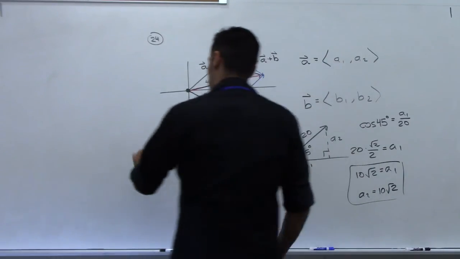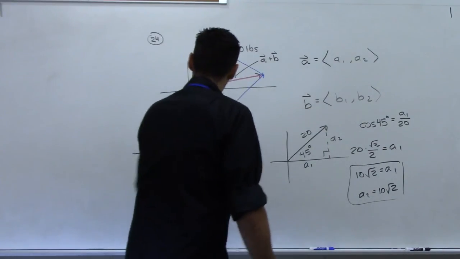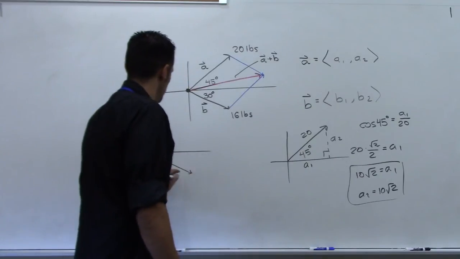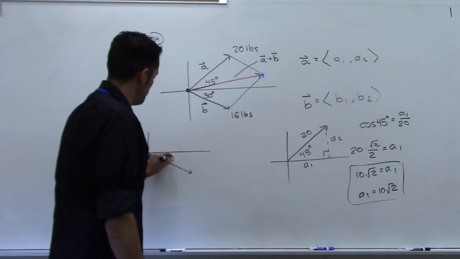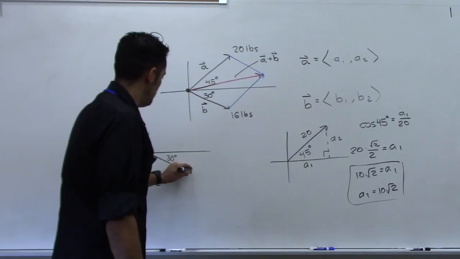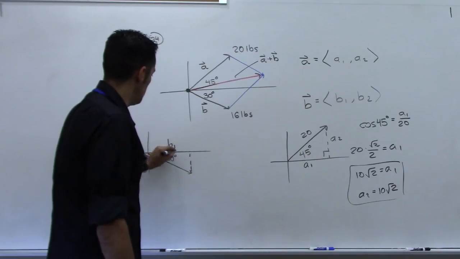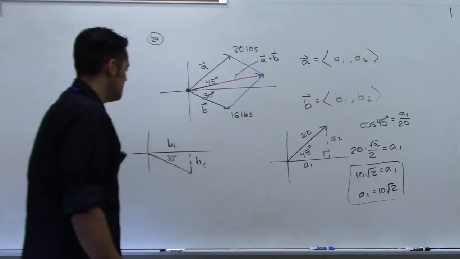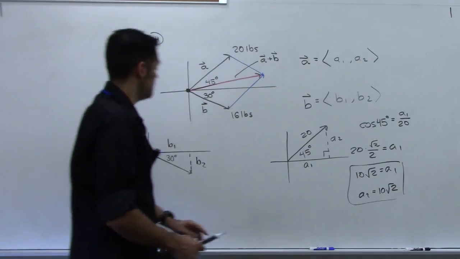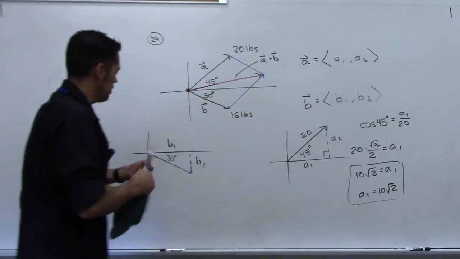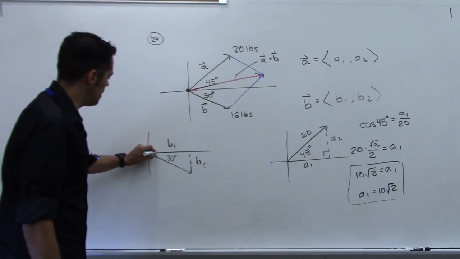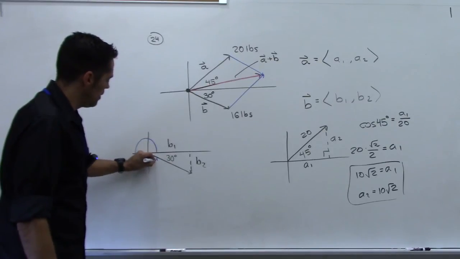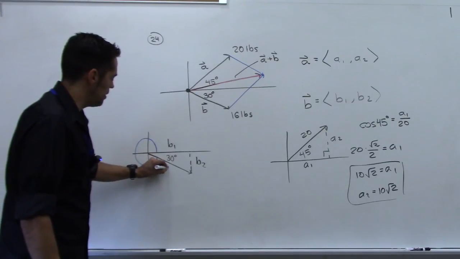Now let's do the B picture. The B is 30 degrees here, and we want to find B1 and B2. We have to be careful though, because this angle is a little deceiving. 30 degrees this way really corresponds to 330 degrees this way.